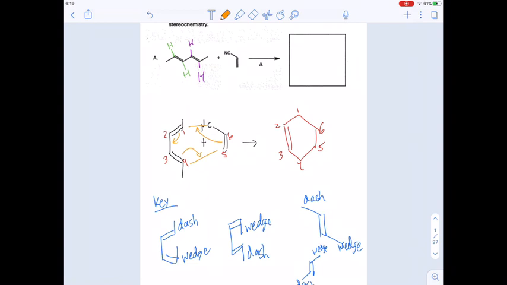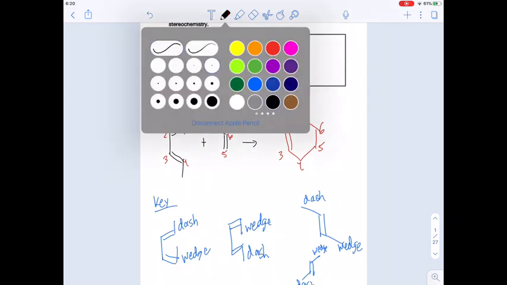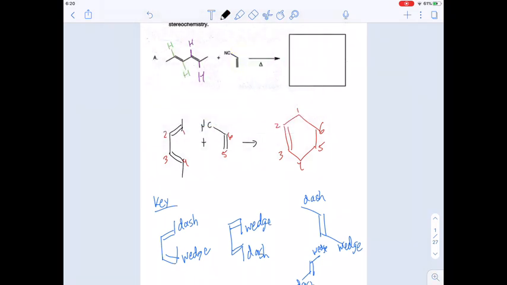Reason being is because when this bond comes down to form the new bond of the ring, that pushes this one up, this forms the new bond of the ring, and that pushes this double bond down to form the double bond between 2 and 3. You don't have to memorize the movement of electrons. He never is going to ask you to demonstrate it. But in case people were wondering why is the format always the same, that's why.